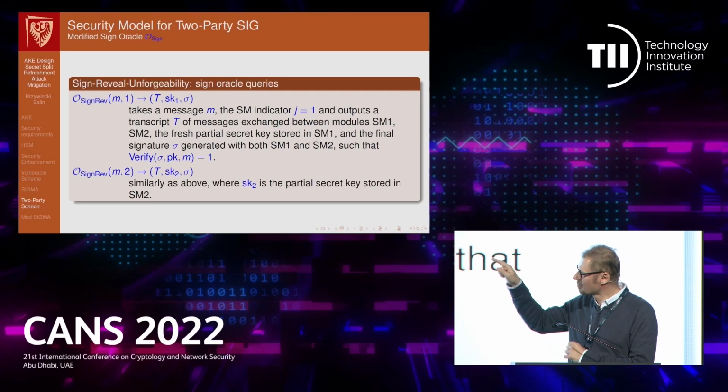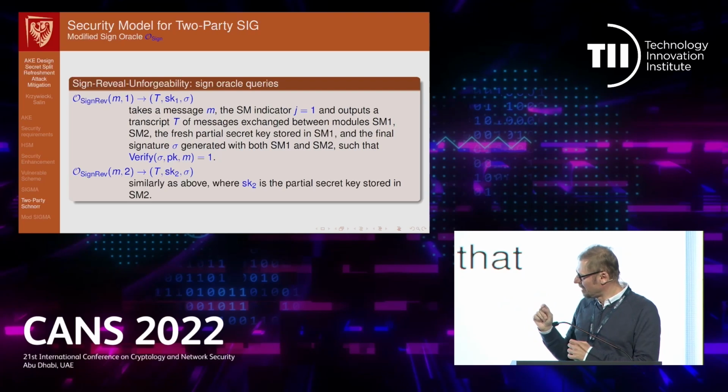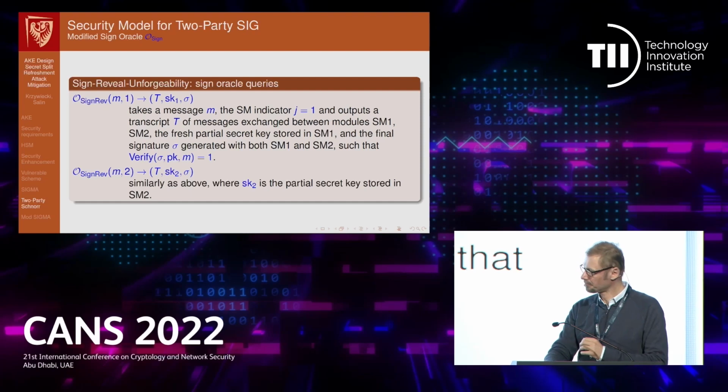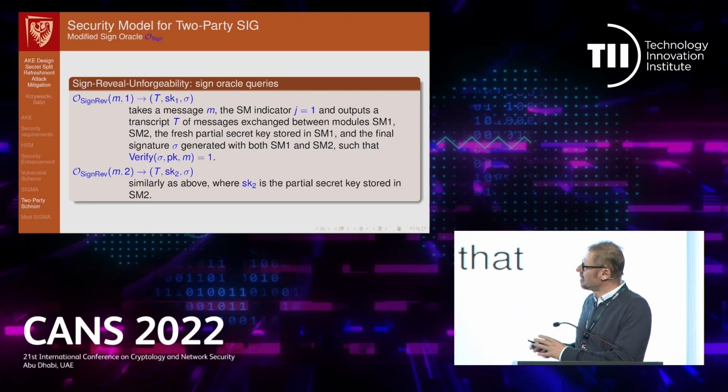So we have 2 indexes, one for revealing the partial secret from HSM 1, and 2 for revealing the partial secret from HSM 2. So here, for that construction, not only is that secret revealed, but also the messages that are exchanged between HSMs are revealed. So actually, even at first glimpse, it's a stronger model than a regular one.